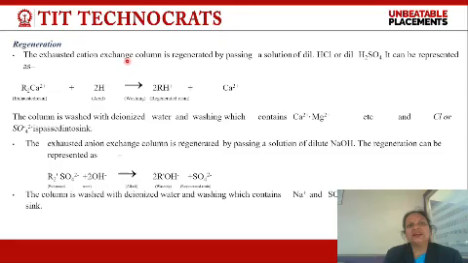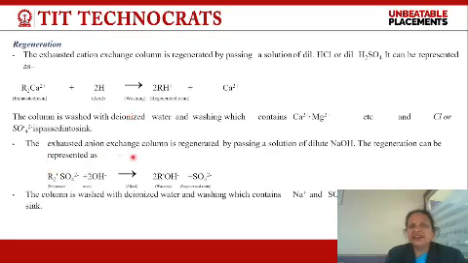The exhausted cation exchange column is regenerated by passing a solution of dilute HCl or sulfuric acid. It can be represented as this reaction. You can see how calcium is replaced again by hydrogen ion, and now this is the regenerated resin.